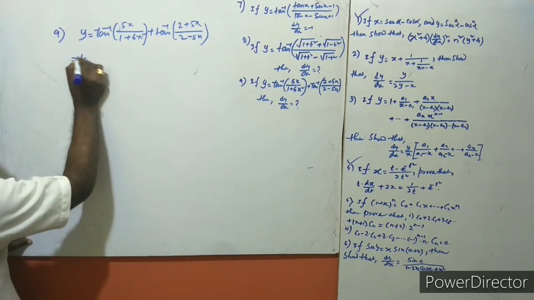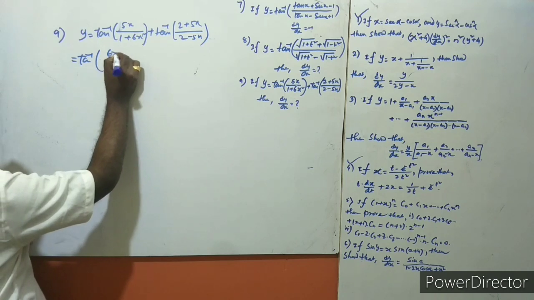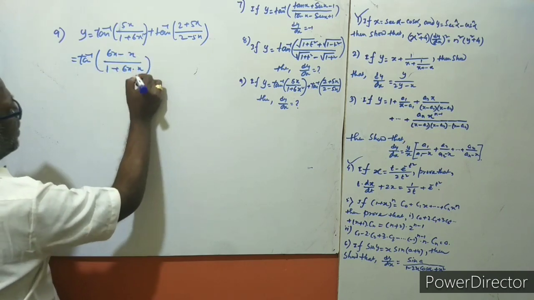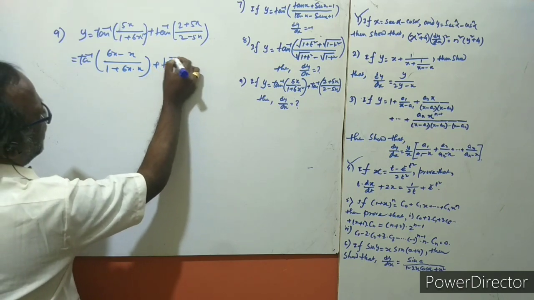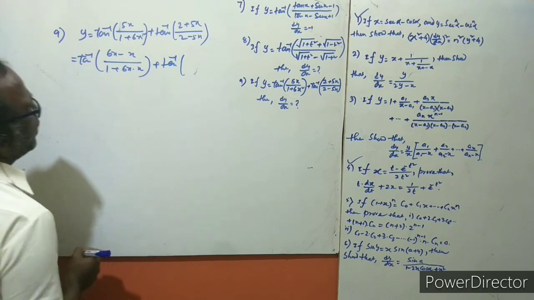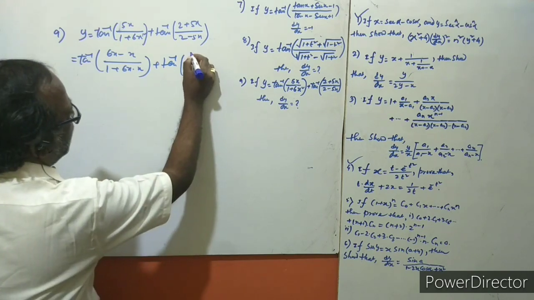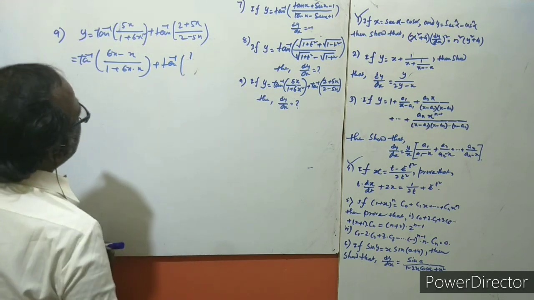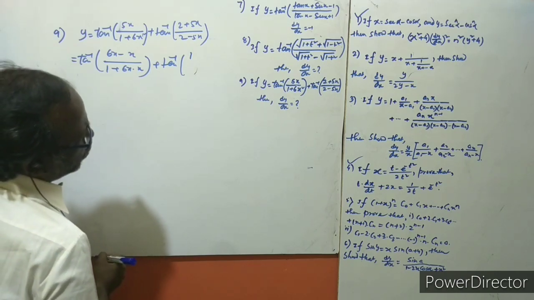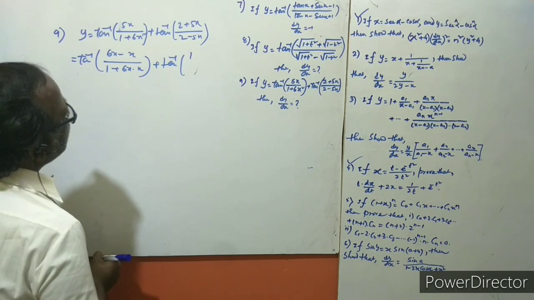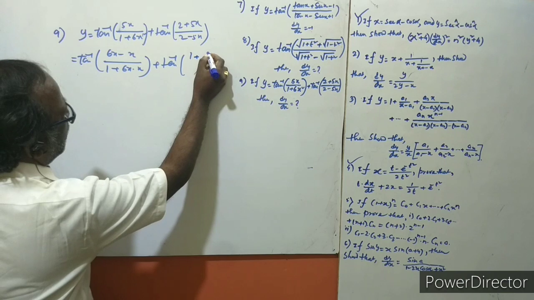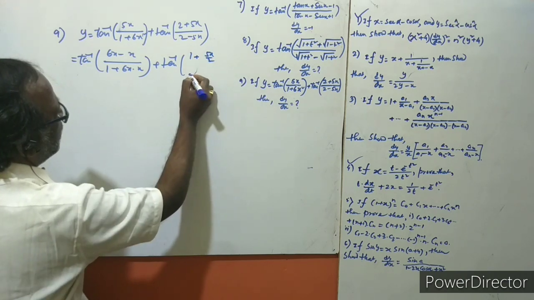See the inverse formula: 6x minus x is 5, again 1 plus 6x into x. Again divide by 2, then we get here, divide by 2, this is 1 and 5x by 2 here.